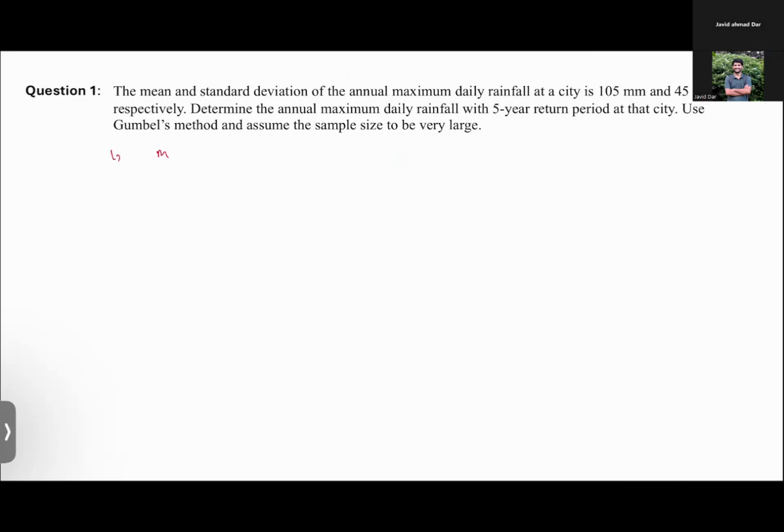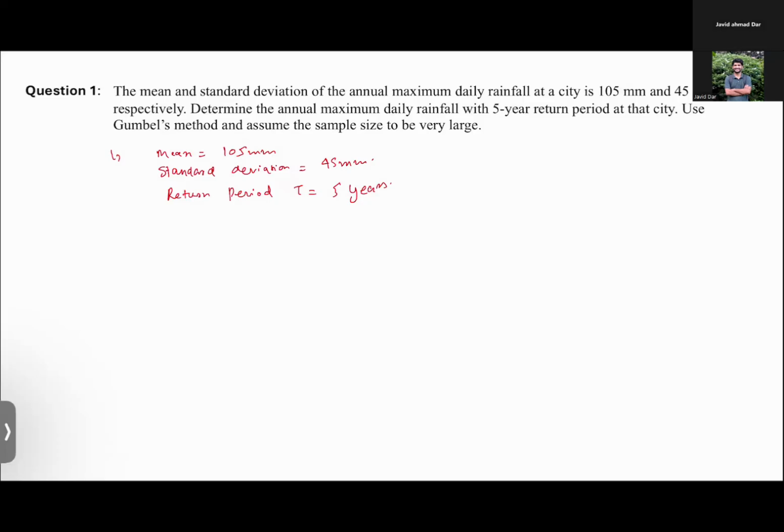So your mean is 105 mm. Your standard deviation is 40 mm. Your return period T is 5 years. So till now it's clear.